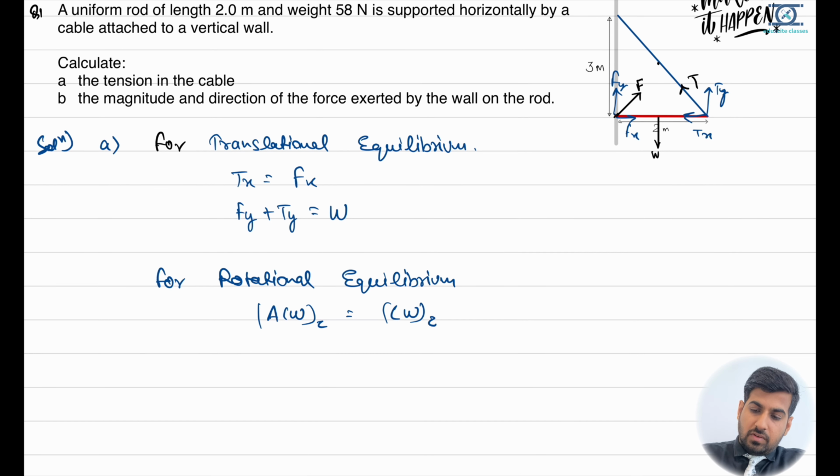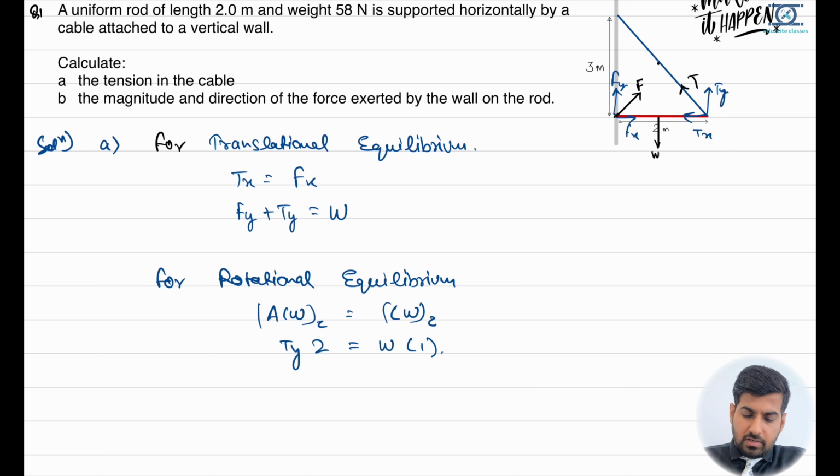So the anti-clockwise one is Ty times this distance, which is 2. So Ty times 2 will be equal to W times 1.